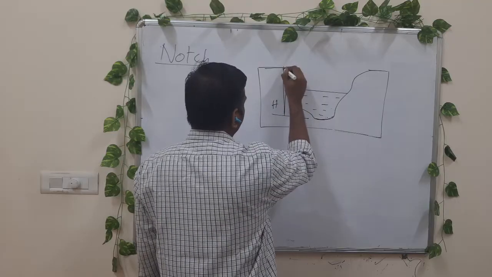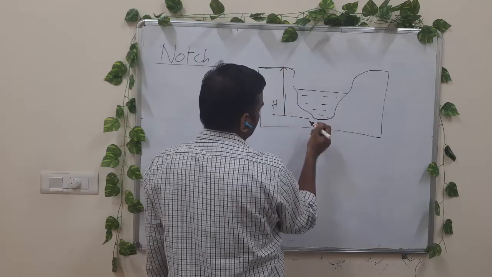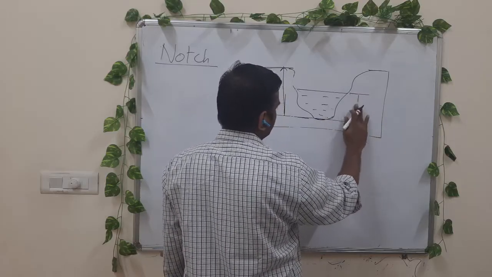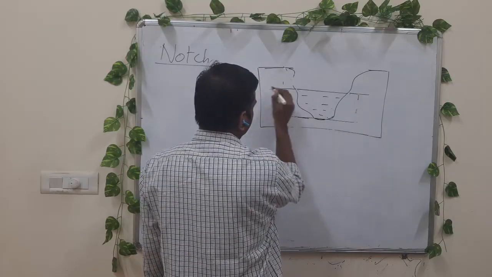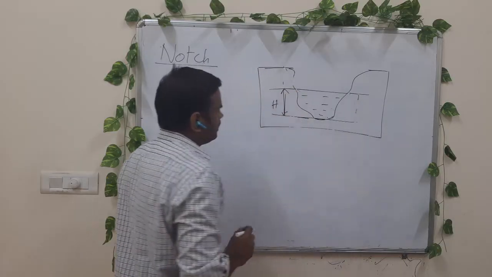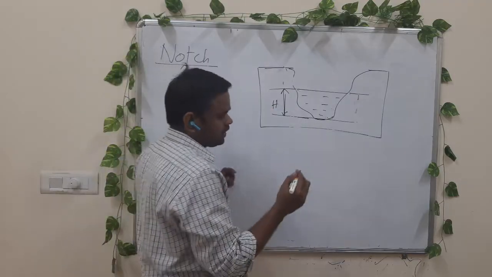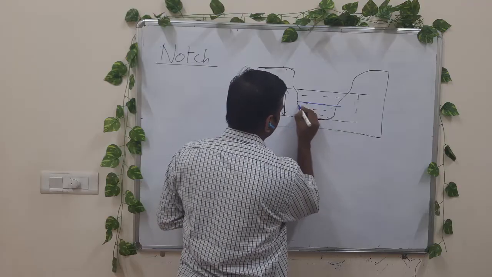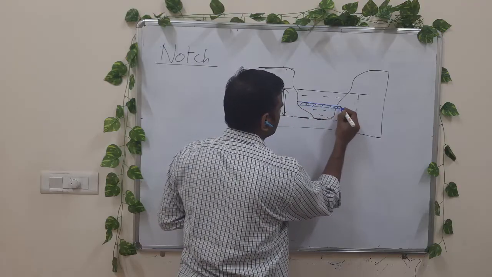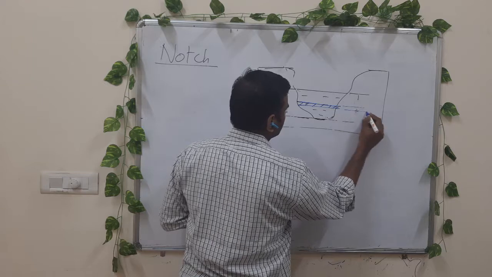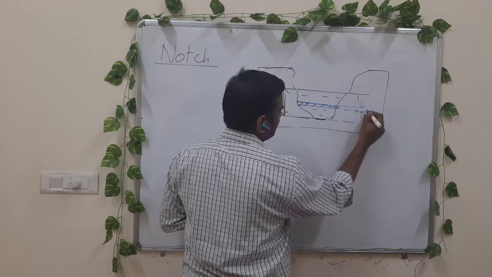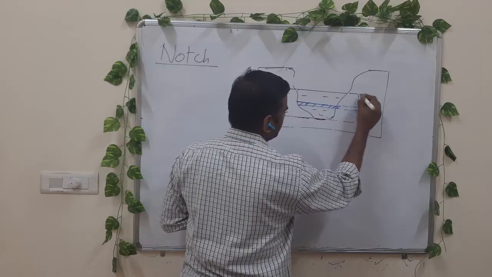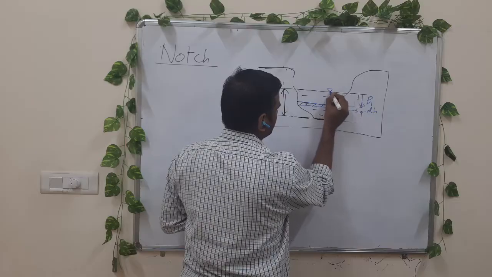Let capital H be the height of the fluid in this notch. What we will consider is a small element of thickness dH, at a height of small h from the topmost layer of the water.